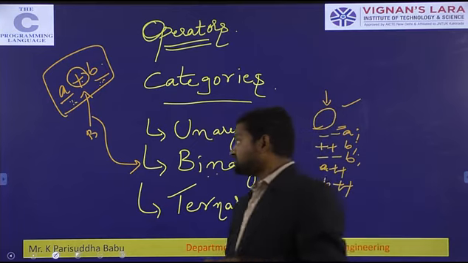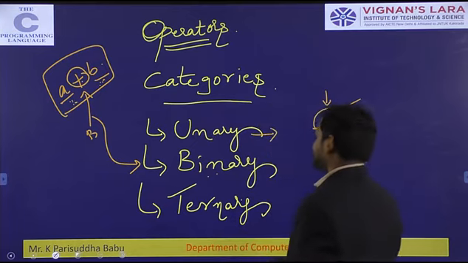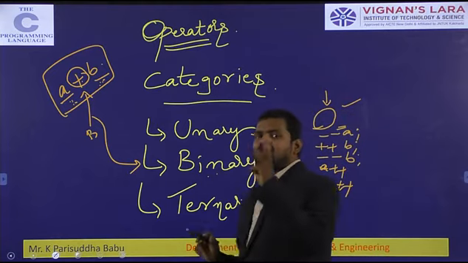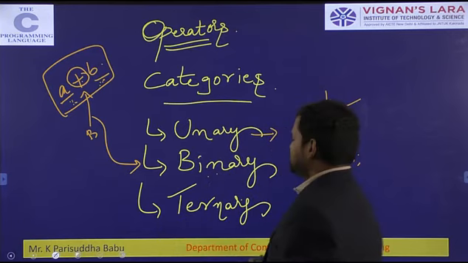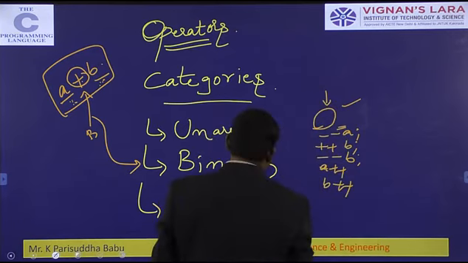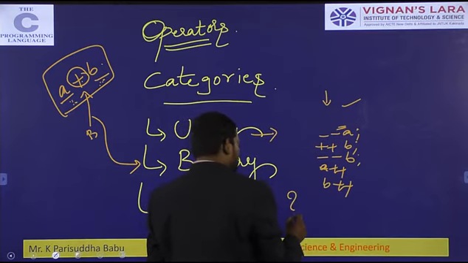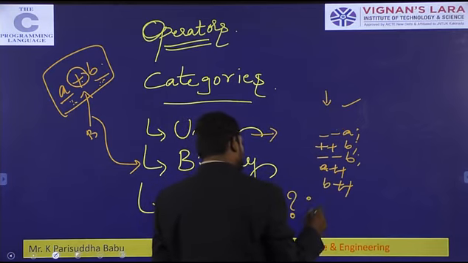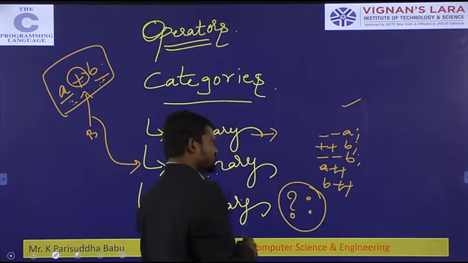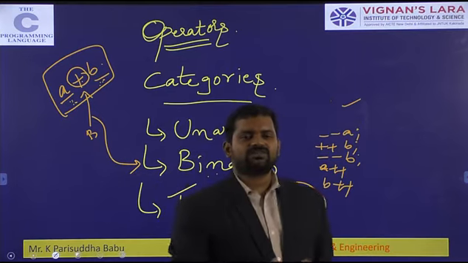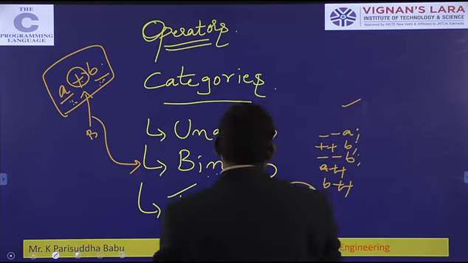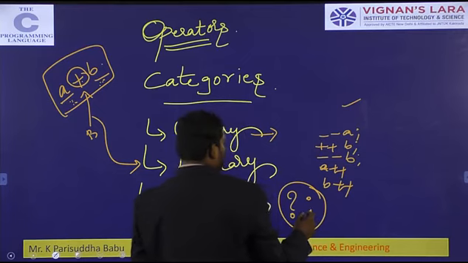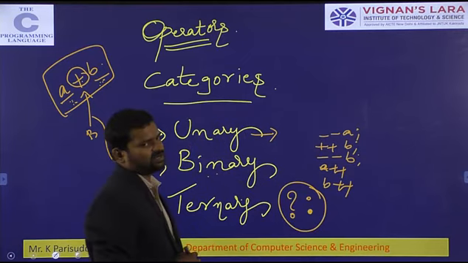Next, the ternary operator: an operator acting on three operands is called a ternary operator. In the C language, the ternary operator is represented by question mark and colon.